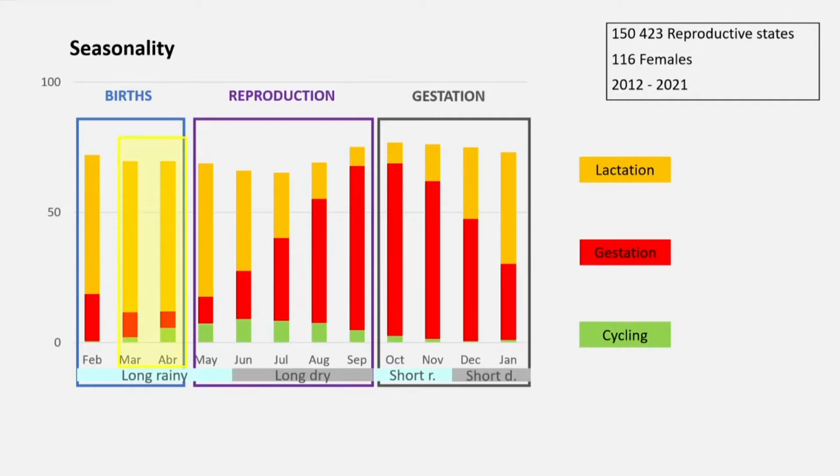In Gabon, the climate is composed by two rainy seasons, a long one and a short one, and the same for the dry season. The food peak happens between the months of March and April, and the birth peak in our population happens around 2 months earlier than that. So we see a synchronization between the moment in which there's more food available and the first 2 months of reproduction.